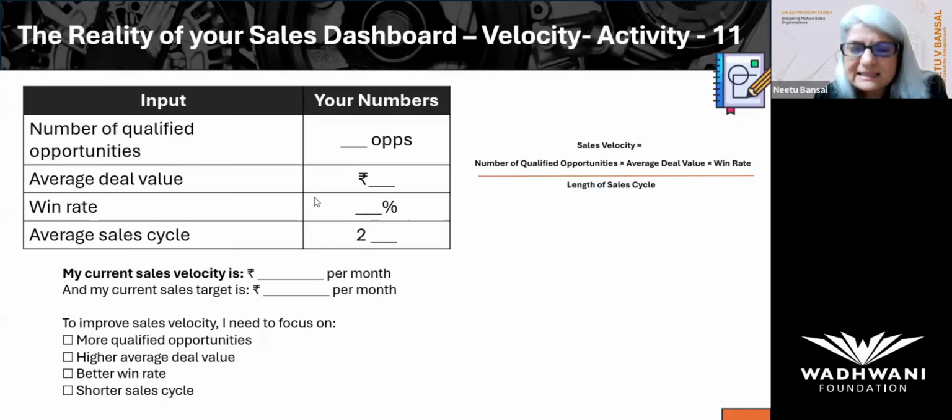Make a note: I think my current overall win rate is 30%, but I'm not very sure. I will use 30% for this month, measure it, and see at the end of the month whether it is actually 30% or 20% or 40%. So you can do this exercise even if you don't have the exact numbers.